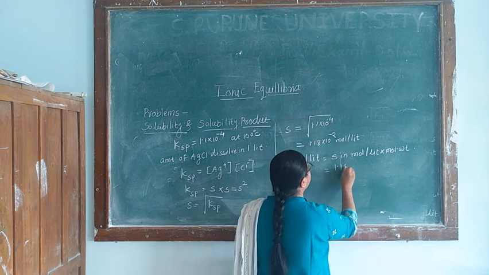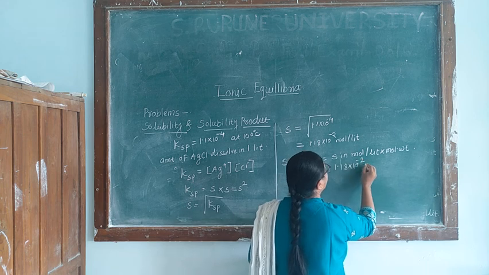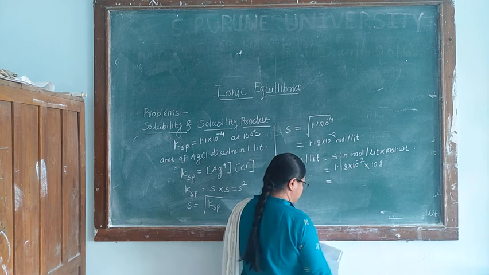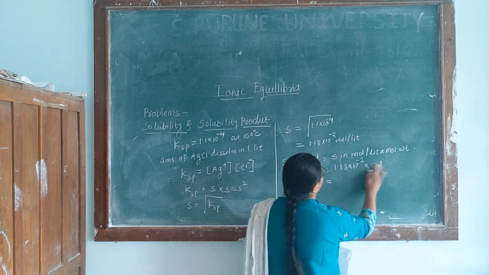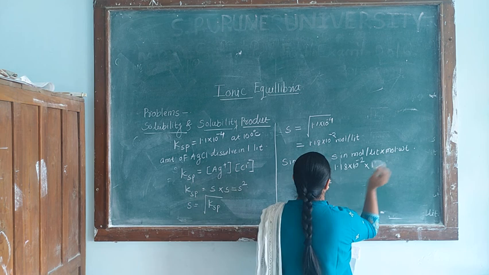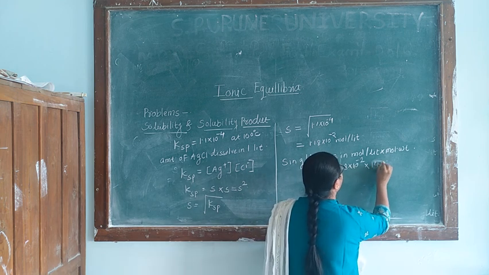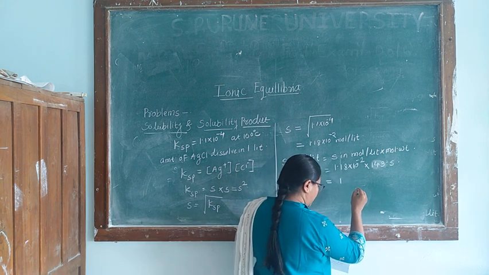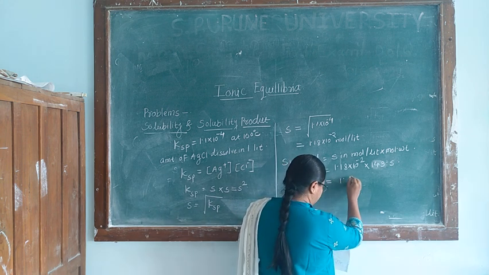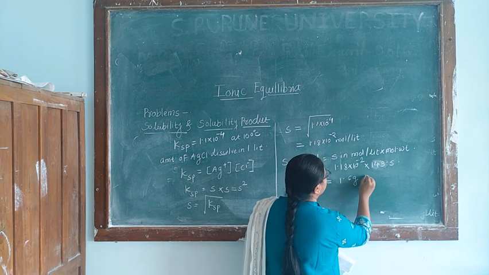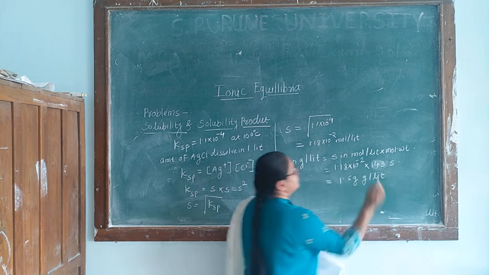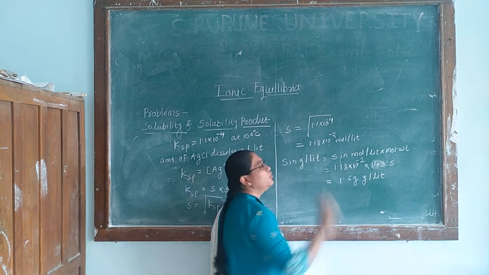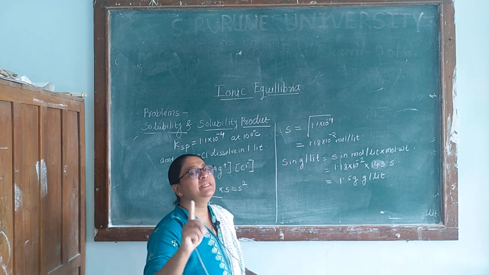So 1.18 into 10 to the power minus 2 into the molecular weight. 108 is only the atomic weight of silver. The molecular weight of silver chloride is 143.5. So the answer is 1.69 grams per liter. What does this mean? This means that 1.69 gram of silver chloride will dissolve in 1 liter of boiling water.